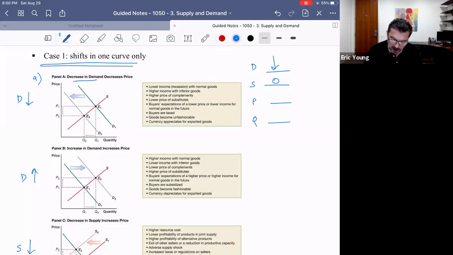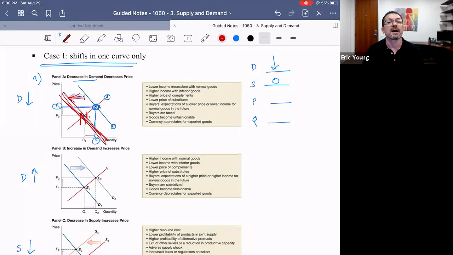We would start off with our original supply and our original demand and our original equilibrium, and we would have equilibrium price and equilibrium quantity. Then we would have our decrease in demand, which would manifest as a leftward shift in demand. You see they give you the arrow there. Critically, we go to a new equilibrium.